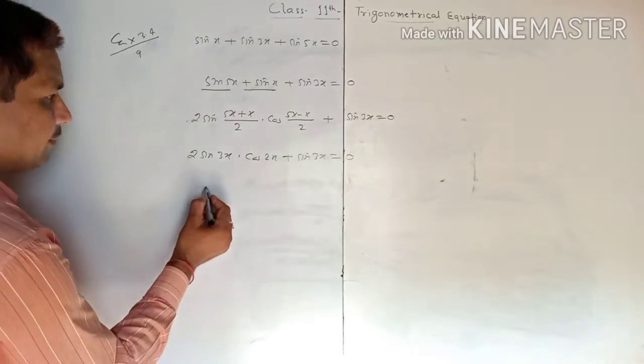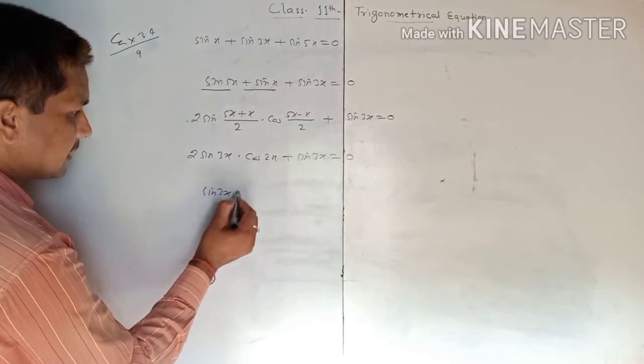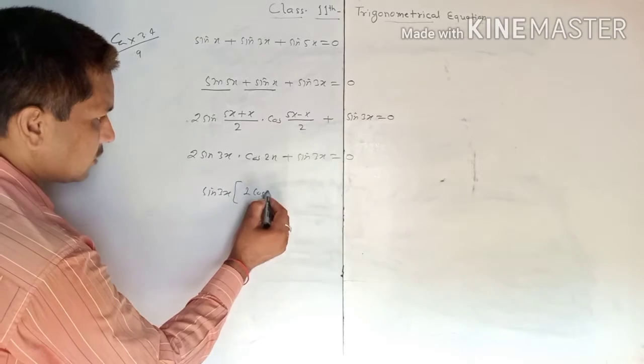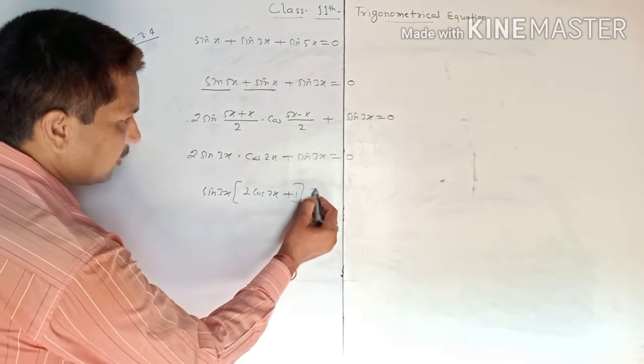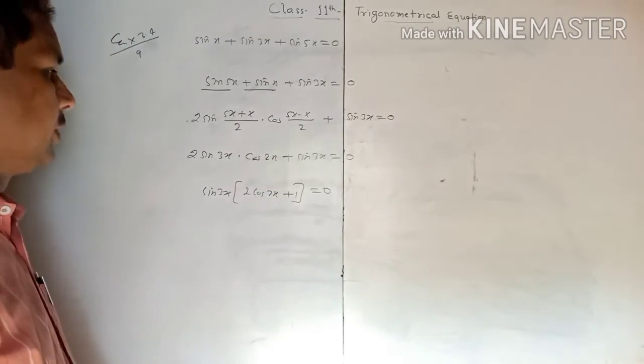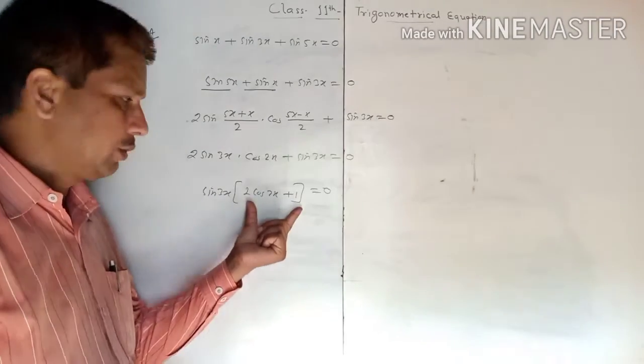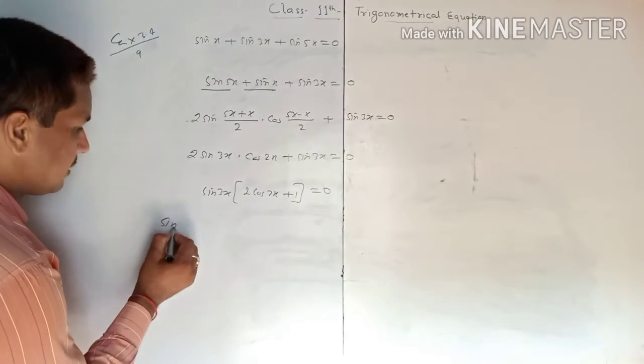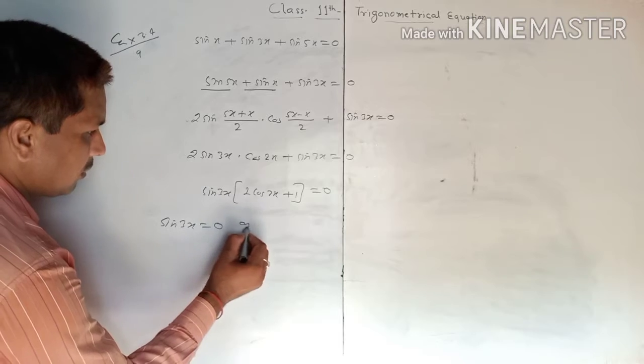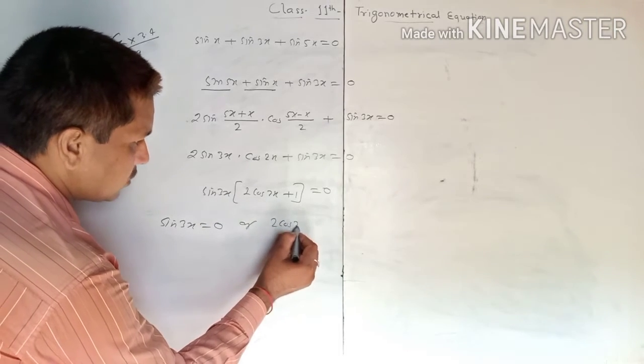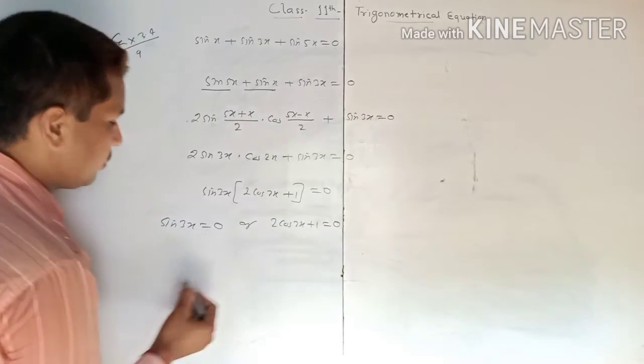Here we take sin 3x common. We get sin 3x into (2 cos 2x plus 1) equal to 0. So this is equal to 0 or this is equal to 0. So sin 3x equal to 0 or 2 cos 2x plus 1 is equal to 0.